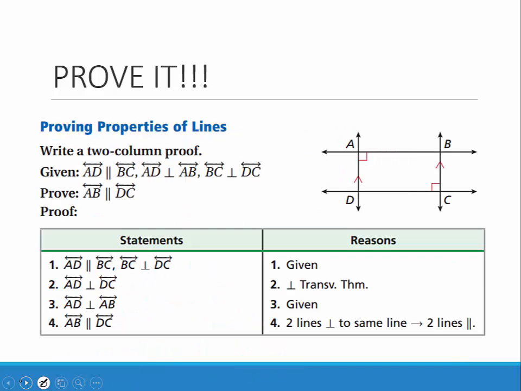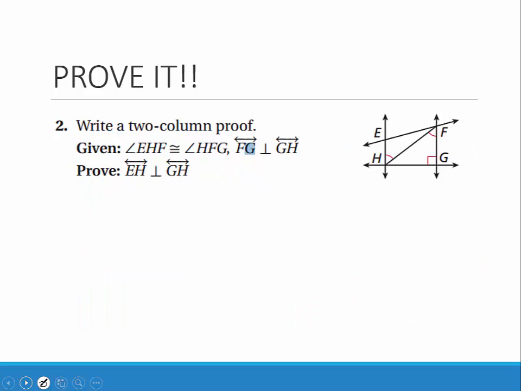So now here's one that we kind of did for you. Remember that the perpendicular transversal theorem says that if one line is perpendicular and the other line is parallel to that first line, we can say that the next one is perpendicular. So that's what we're going to do for this one here.